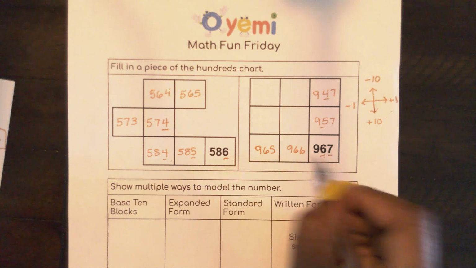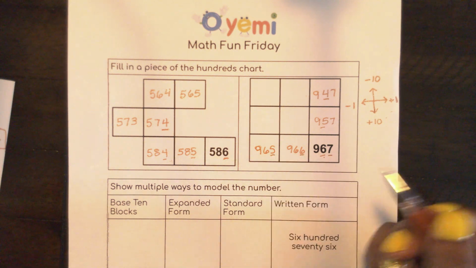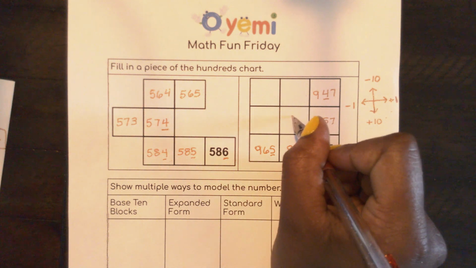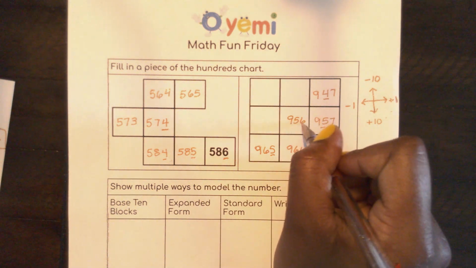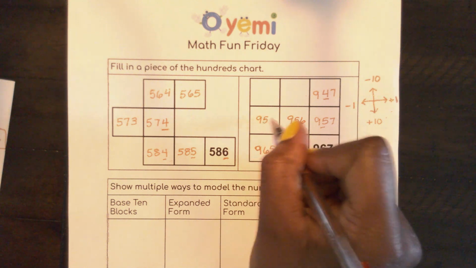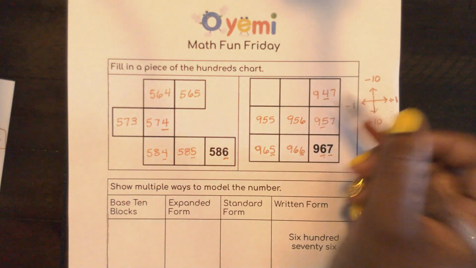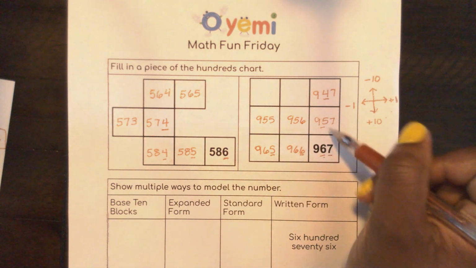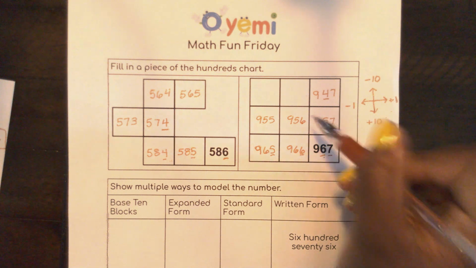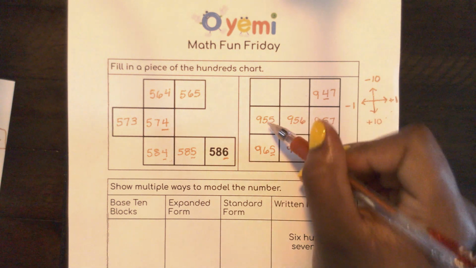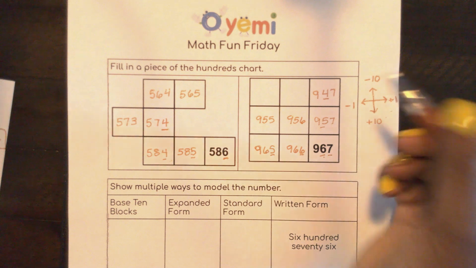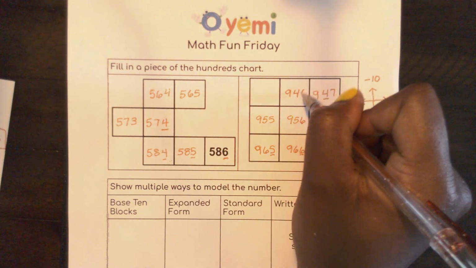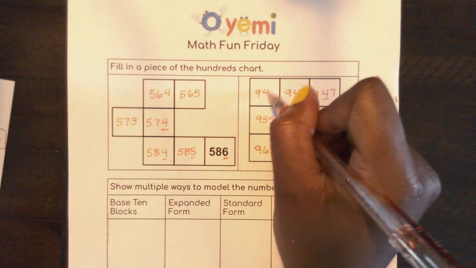The 1's place changed. Same here, 957, 956, 955. Now this should be very easy because look, it's following the same pattern. 57, 67, 56, 66, 55, 65. So I have 947, 946, and here I have 945.